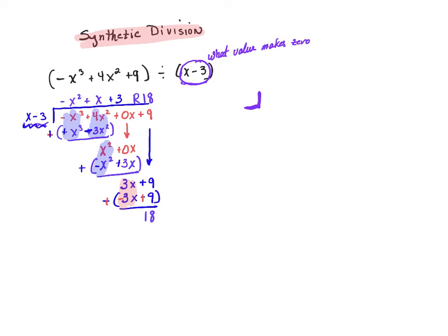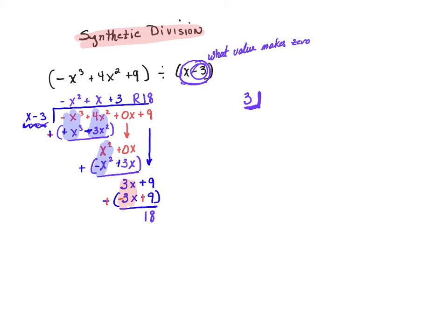In other words, if I said x was 2, well, 2 minus 3 isn't 0. But if x was 3, 3 minus 3 is 0. Okay, so you want to put a 3 in this box. You can also just think of it as it's always the opposite sign of whatever that number is. If that was x minus 5, you'd put a 5 in this little box we made. If it was x plus 3, you'd put a negative 3 in that box.